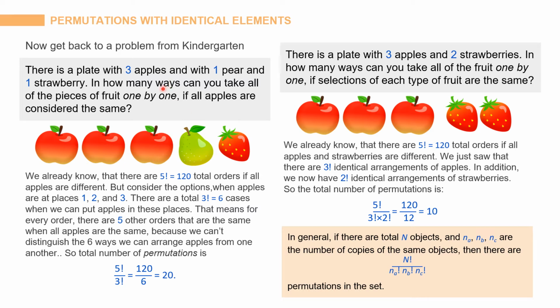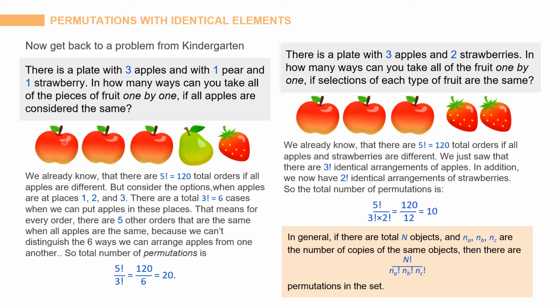in how many ways can you take all of the pieces of fruit one by one if all apples are considered the same? So we already know that there are 5 factorial, or 120 total orders, if all the apples are different. But consider the options when the apples are chosen first, second, and third.